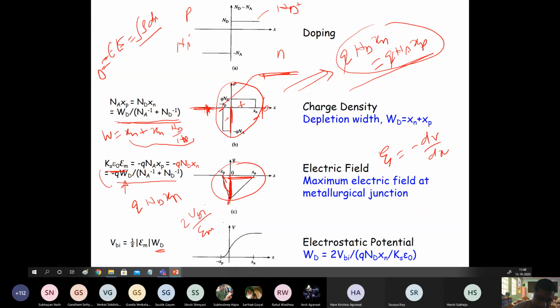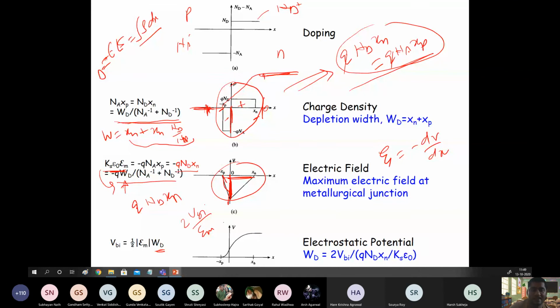E max you can substitute in terms of WD, and then take WD to the other side. Basically, you will get the expression for depletion width. Here I have shown one part. You need not do this, but this is what I have done here: 2 VBI by E max, and E max I have written from here, Q Nd Xn by epsilon.